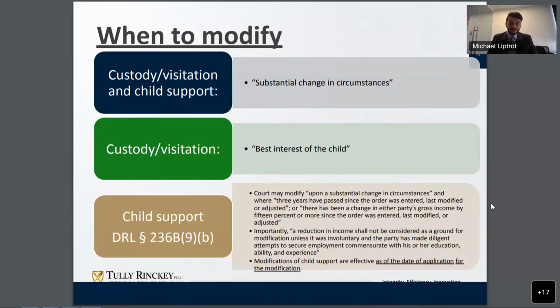The court is only going to grant you that relief as of the date that you file that application. They're not going to reduce your child support obligation for that period of time, even though it may be true and it may be no fault of your own, and you may have engaged in best efforts.